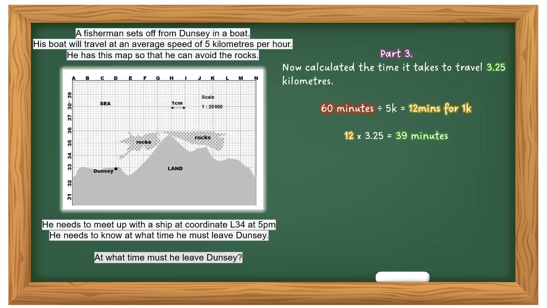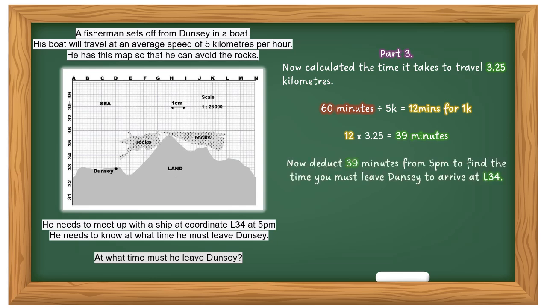All you then do for that 12 minutes is multiply it by 3.25, and you can see that takes 39 minutes to go from Dunsey to L34. Now all you do is deduct the 39 minutes from 5 p.m. to find the time you leave Dunsey to arrive at L34. So you just work in reverse. 5 p.m. minus 39 minutes is 4:21 p.m.